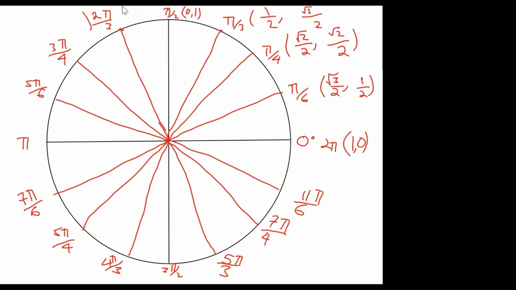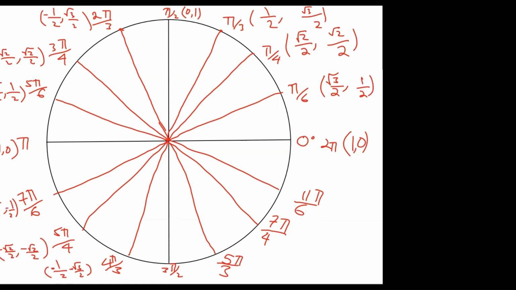The next quadrant is exactly the same thing, except that the x values will be negative. That is negative 1, 0. And they're both negative in this quadrant here. This is 3 pi over 2, so that's 0, negative 1.